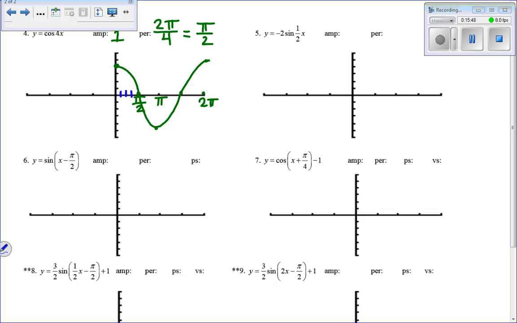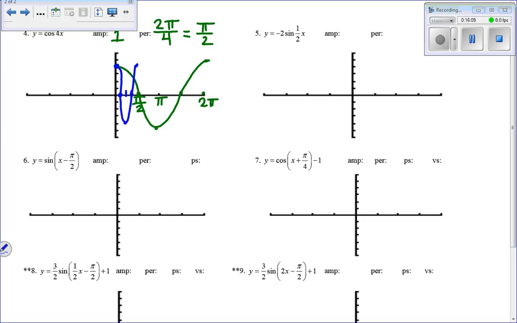So we're starting at 1, we come down, go down to -1, come back up. Okay, so this is happening 4 times as fast, so this is going to keep going and repeat itself until 2 pi.